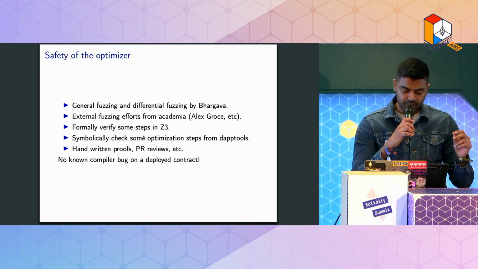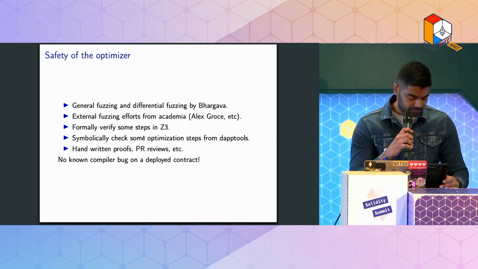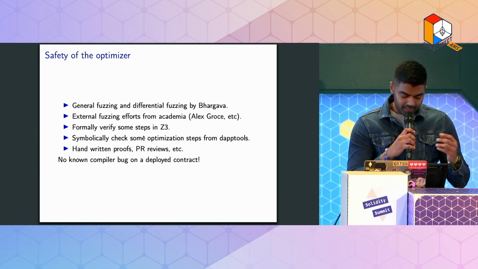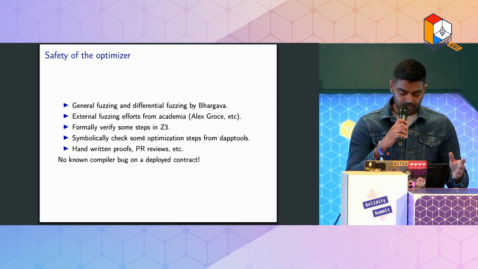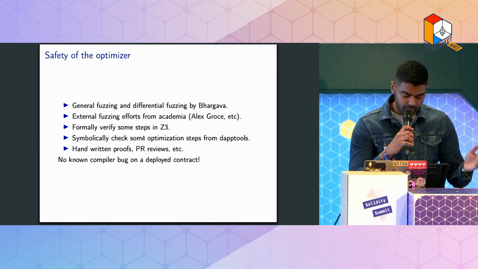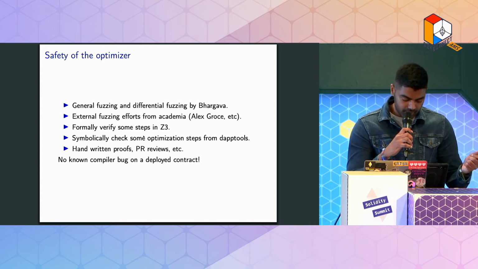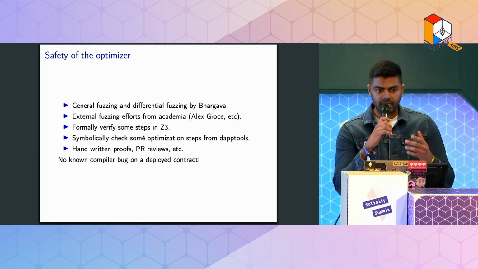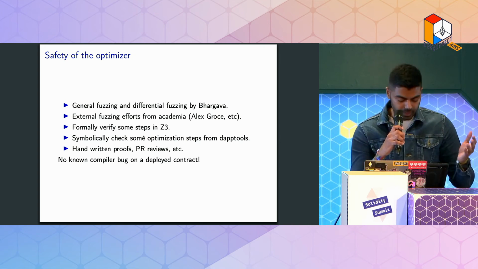And whenever these assertions fail, the compiler would crash. This is especially interesting for fuzzing. We have a team member, Bhargava, who exclusively works on fuzzing. The fuzzer can generate random Solidity programs and try to see if these invariants can be broken.